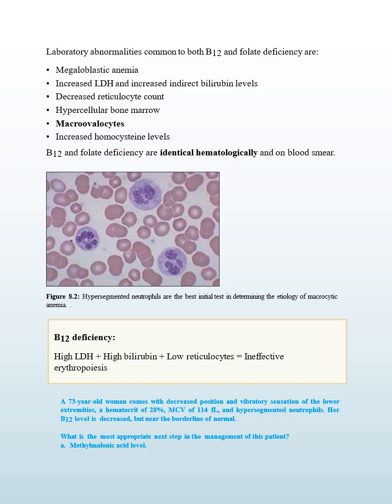And the most important here, this is macro-ovalocytes. And also we will see increased homocysteine levels. So basically, B12 and folate deficiency are identical hematologically on the blood smear.